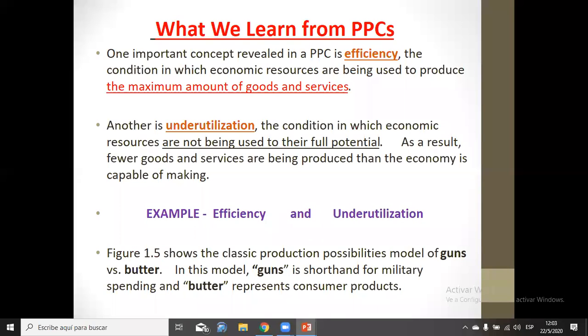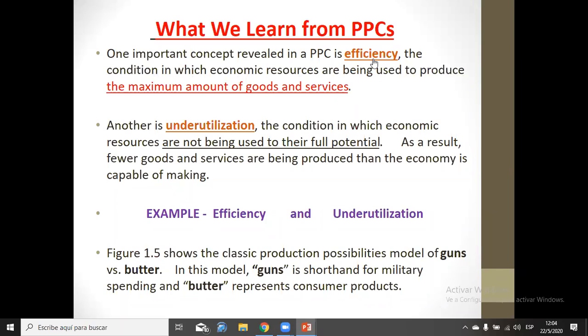What we learned from PPC. One important concept revealed in PPC is efficiency: the condition in which economic resources are being used to produce the maximum amount of goods or services. When you produce the maximum amount, then you are using your resources in an efficient way.